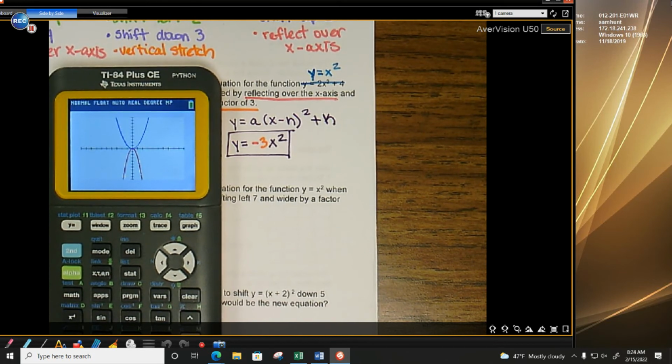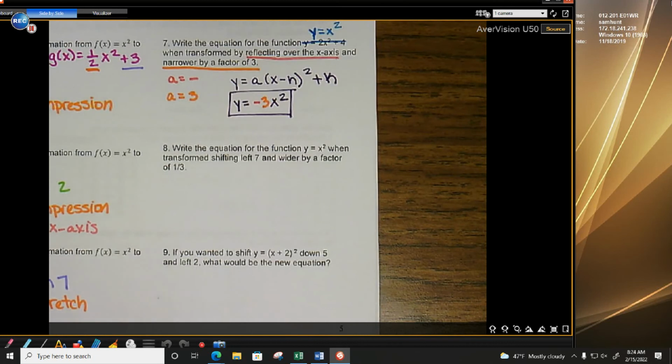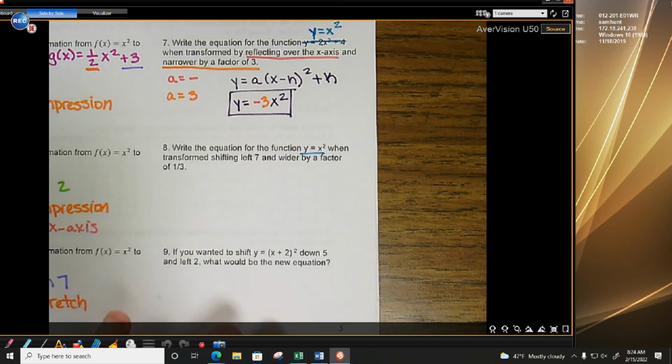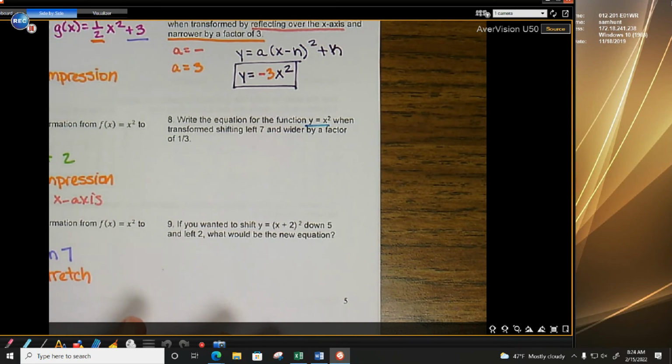Okay. Again, we are starting at our parent function. We want to shift left 7. What makes you shift right and left? And if you don't remember, go back to your cheat sheet. Where do you see the left and right? The h. Okay?